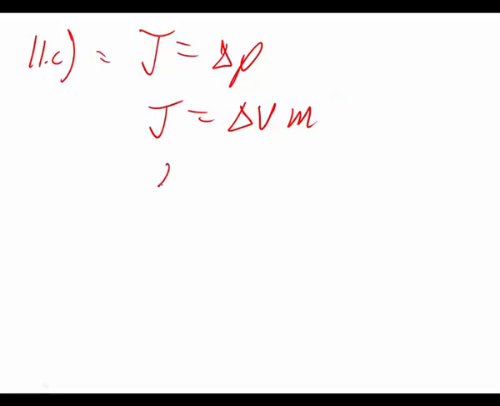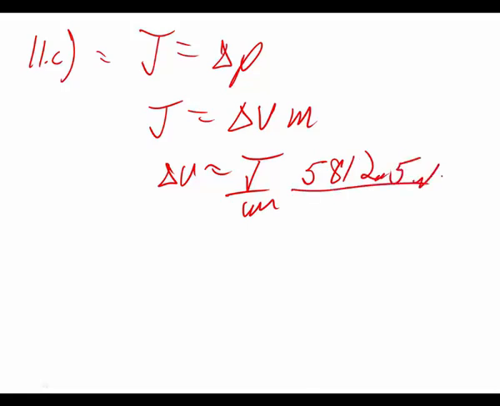All right. So delta V is equal to what? J over M. And our impulse was what? 5812.5 Newton seconds over what was the mass? 2150 kilograms. And the change in velocity is what? 2.7 meters per second.